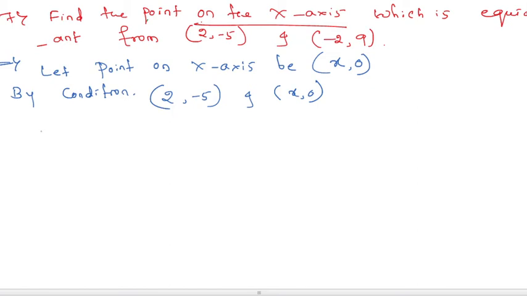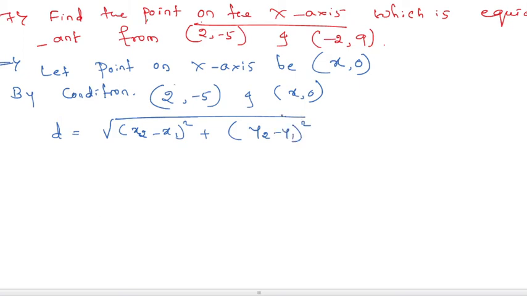the distance between the points is equal to square root of (x2 minus x1) whole square plus (y2 minus y1) whole square. It is x1, y1, x2, y2.